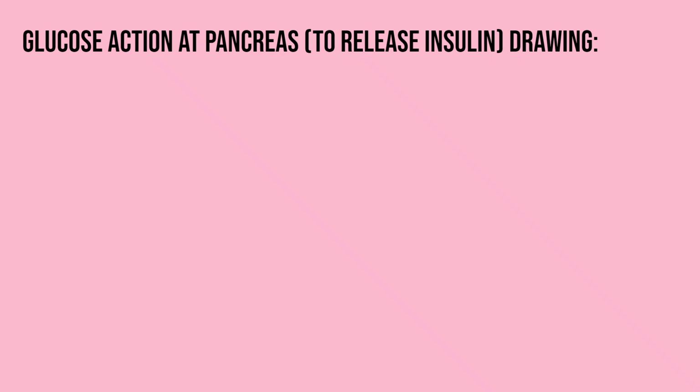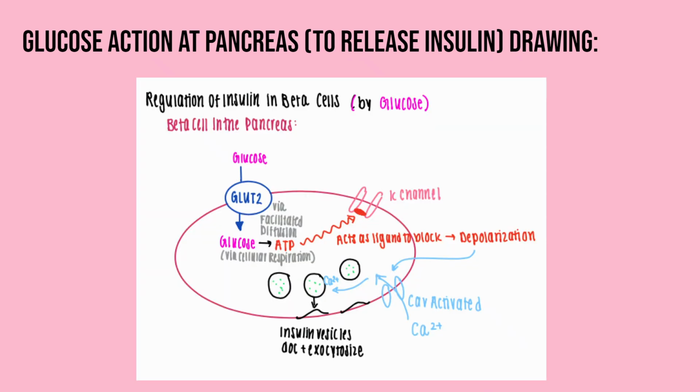And then the next two drawings are going to talk about what insulin does when it arrives at tissues. So I have the same thing right here with some captions so you can remember what we talked about.